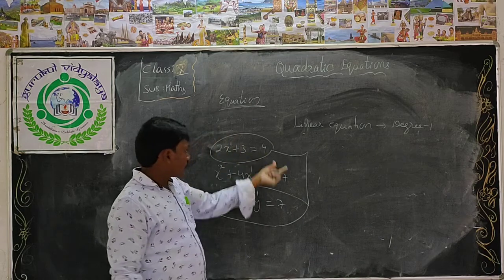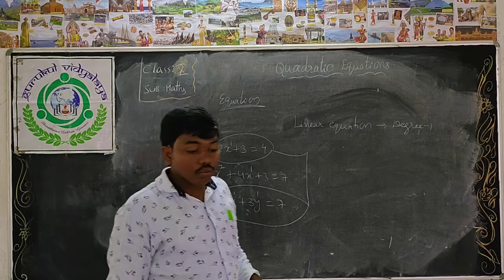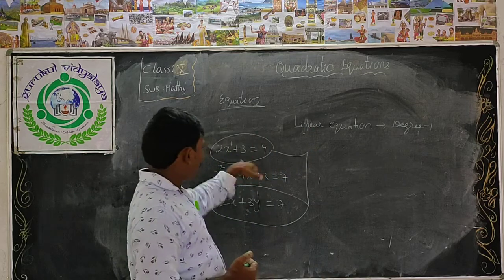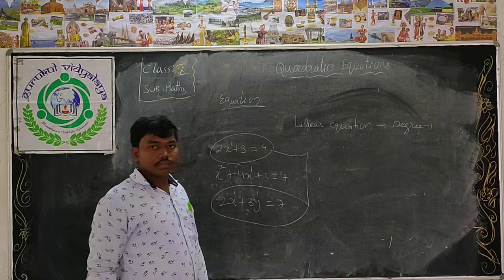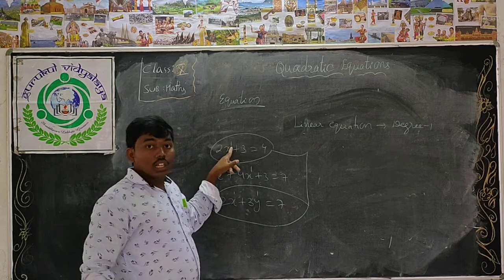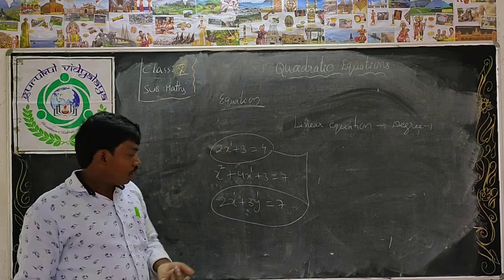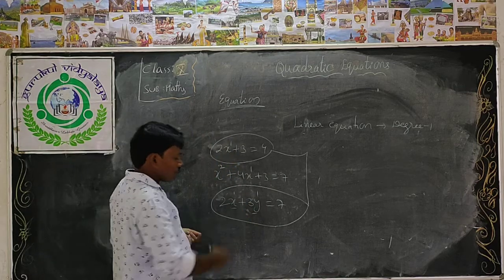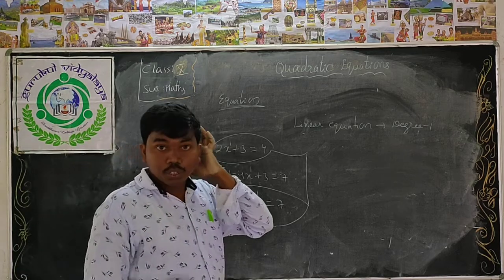For example, 2x plus 3 is equal to 4 or 2x plus 3y is equal to 7. See the children, what is the difference between the two? This is also degree 1, this is also degree 1. This is a linear equation in one variable, only x is there. But here x and y, two variables are there. This is called a linear equation in two variables.